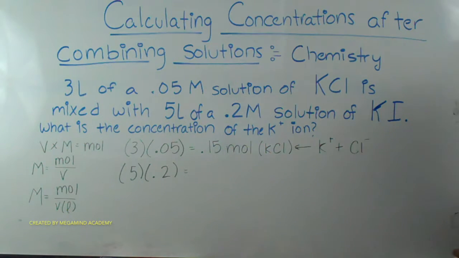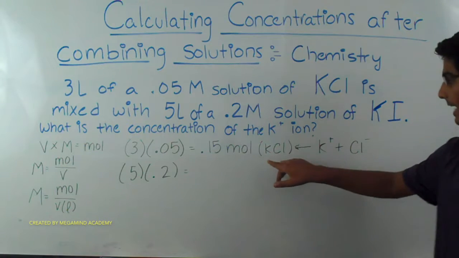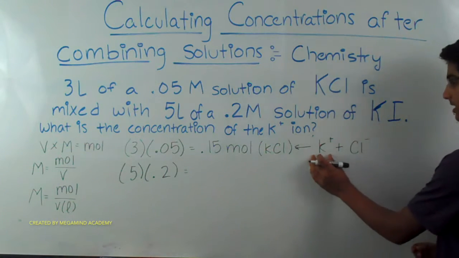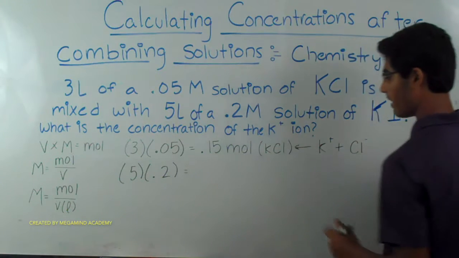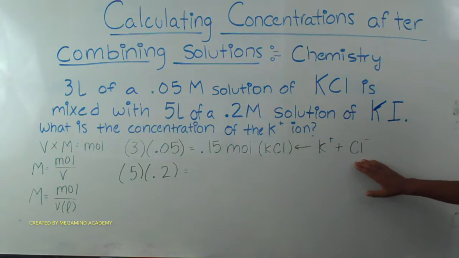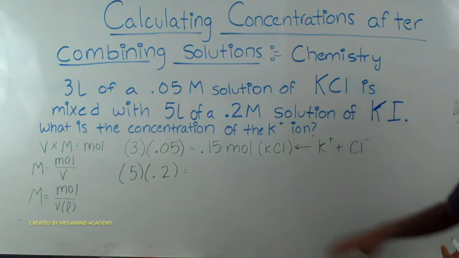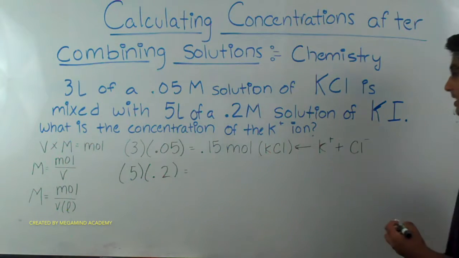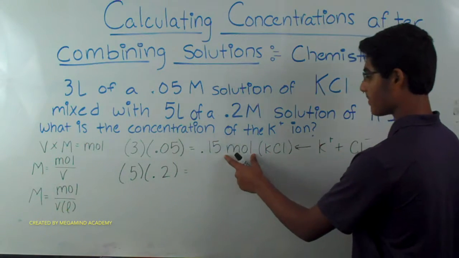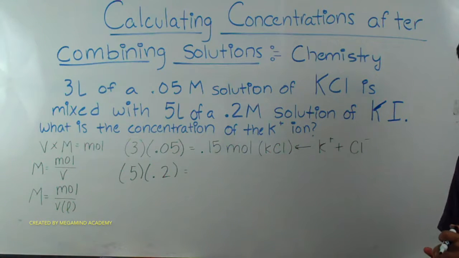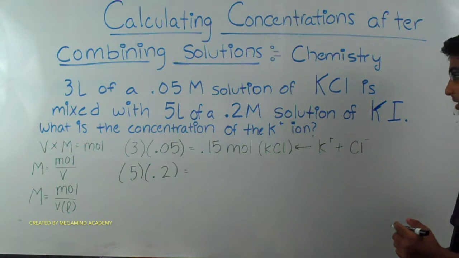And so if we have 0.15 moles of KCl, then that means that we have 0.15 moles of the K plus ion, and 0.15 moles of the Cl minus ion. Another way to visualize this is that moles isn't a measure of volume. It's just a unit of measurement.